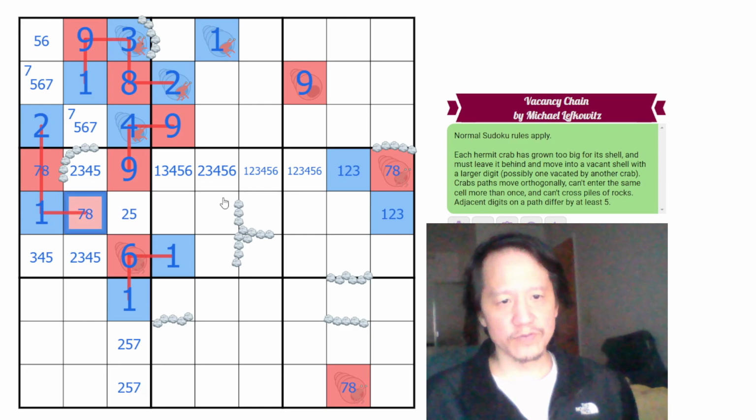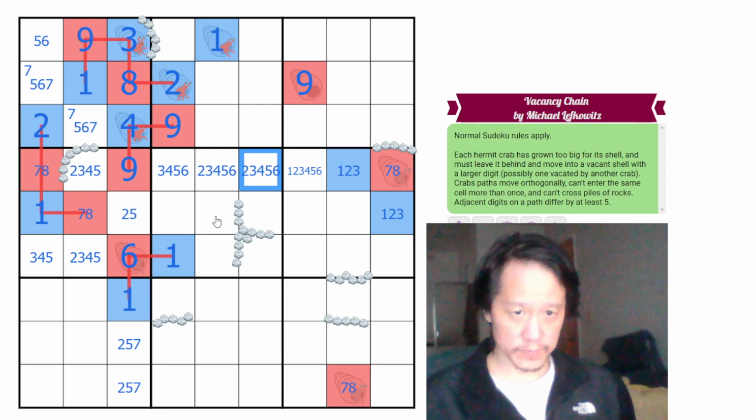Which means one of these is low connecting to the 9. We're not sure which. It could be any of them. This can't be 1. This can't be 1.